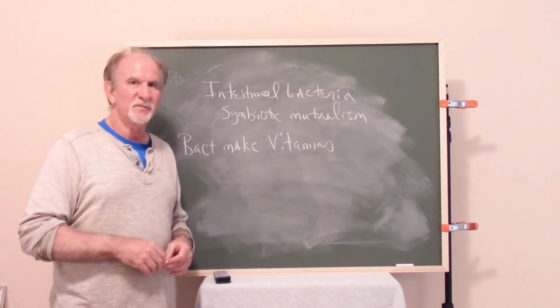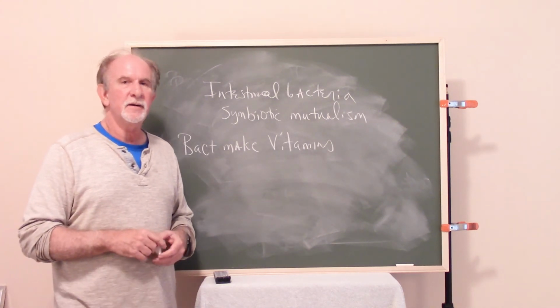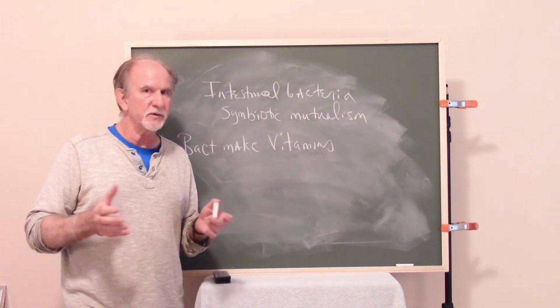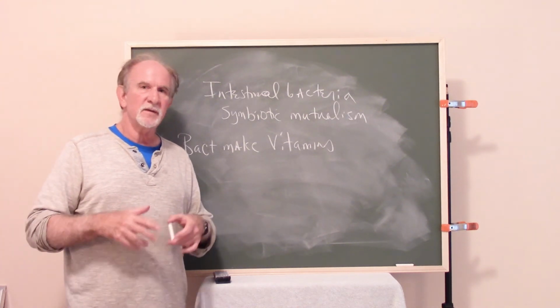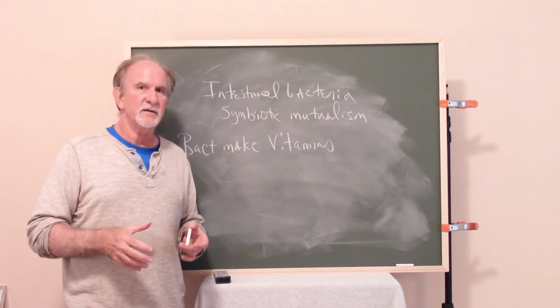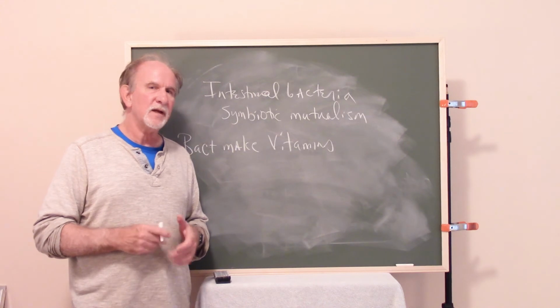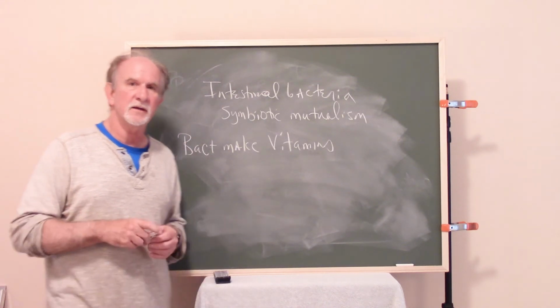But anyway, bacteria that live in our large intestine by the trillions have the enzymes to synthesize vitamins that our cells cannot make. And a couple vitamins come to mind.